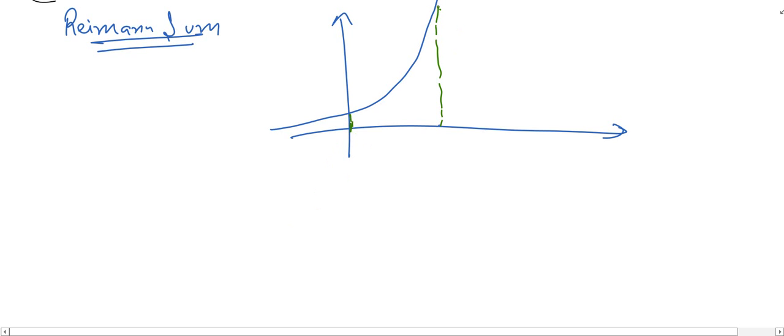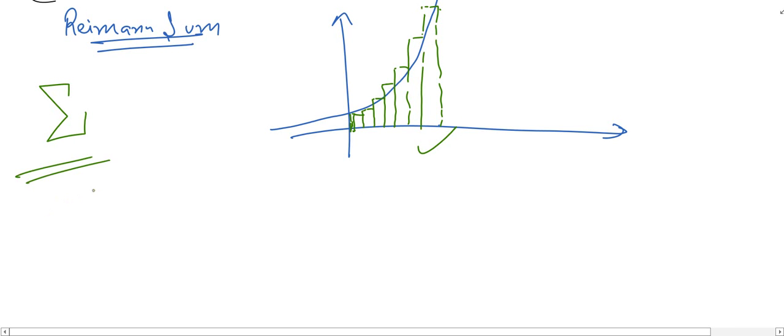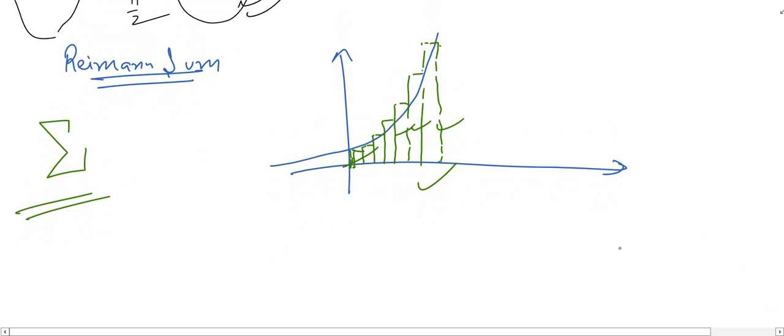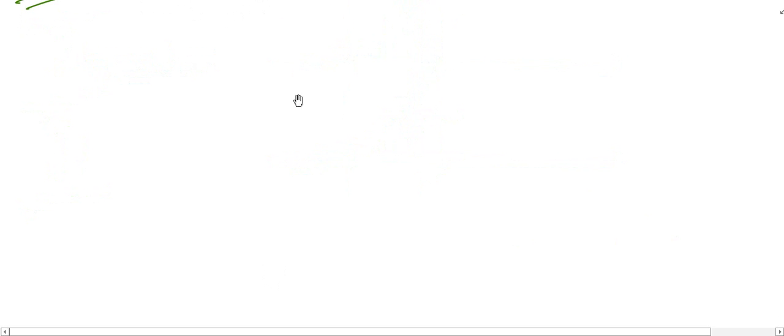He asked us to just make rectangles like this, and find the area of these rectangles using summation, right? Summation means it would continually be added, right? So this rectangle, this rectangle, this rectangle, and till up to this. And he tried to find the approximate area, right? And using the limits, he got the exact area, with the limit which we will be having here after some time, right?